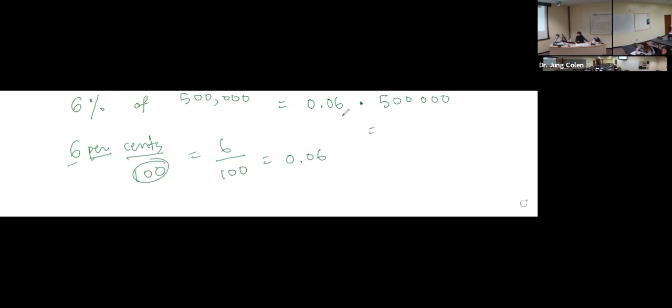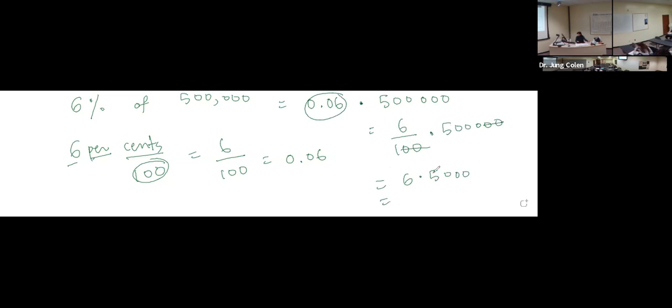Or without the calculator, I'm going to rewrite this as 6 per 100 times 500,000, and I can divide both numerator and denominator by 100. So I can have 6 times 5,000. That's the same thing. Are you following me?